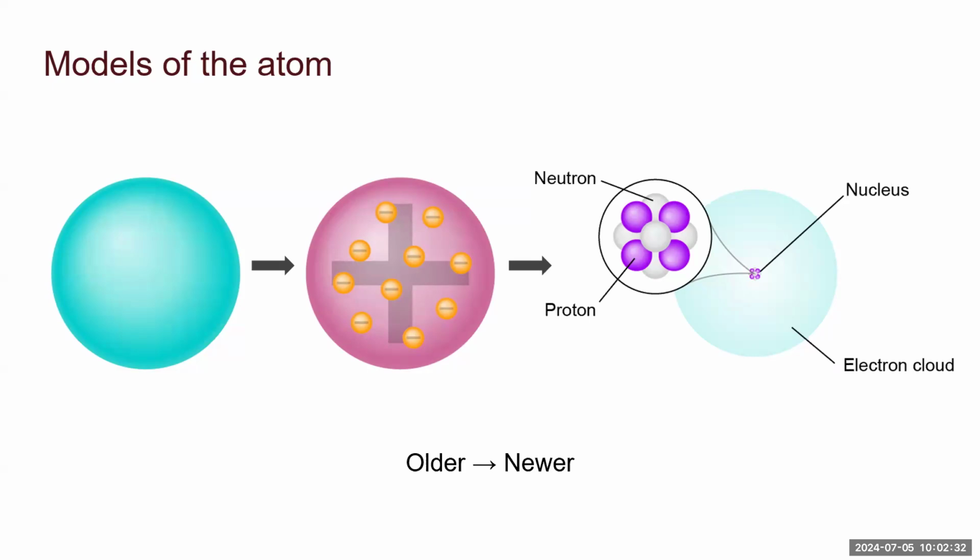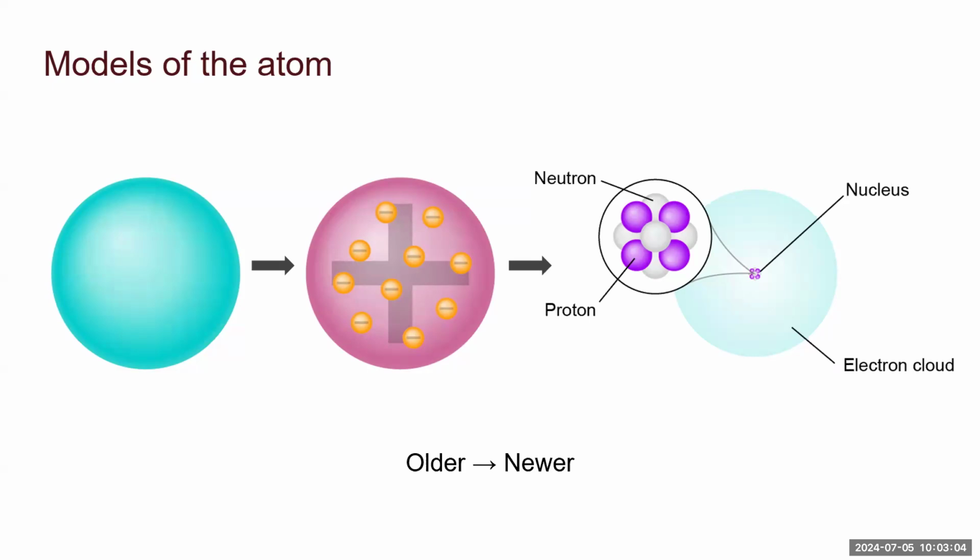Maybe you could replace plum pudding with a cobbler or something like that. But the idea was that all of these negative charges were randomly distributed, like the pieces of plum in the plum pudding. So you would go towards this atom and rip out one part of it, and you get partially negative or partially positive charge portions.